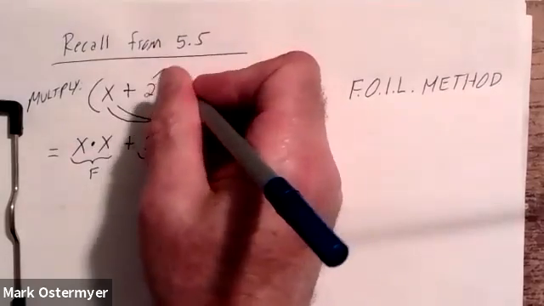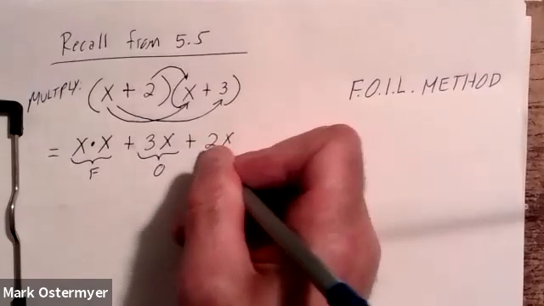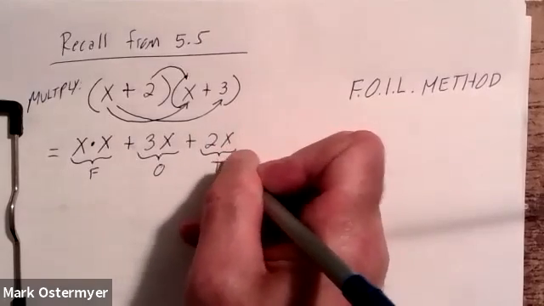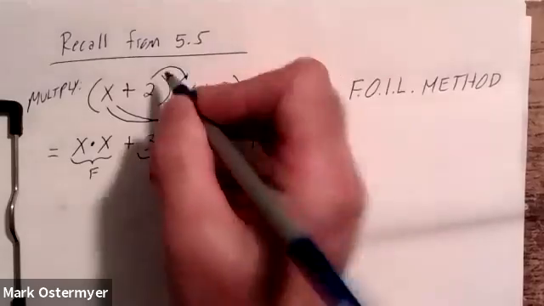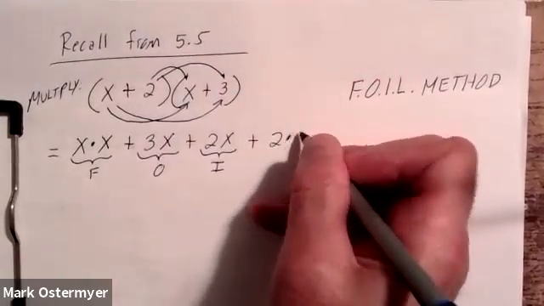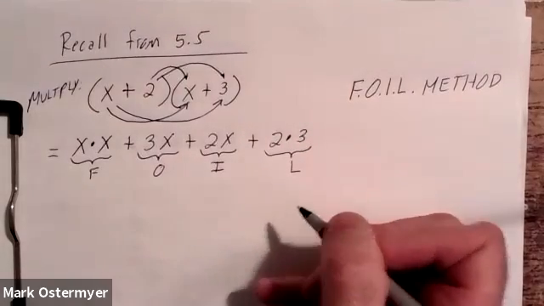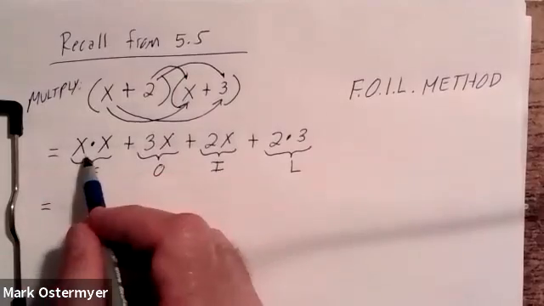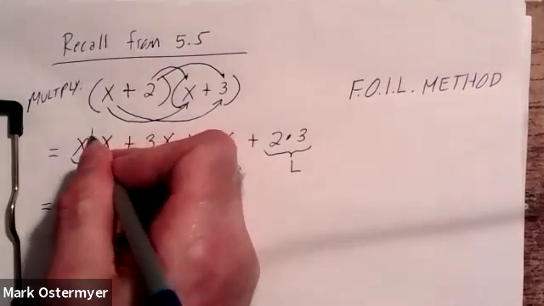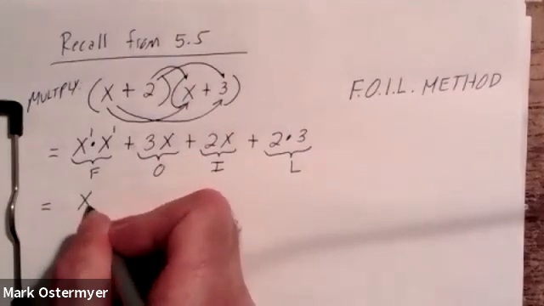Then we multiply our inner terms together. And then we multiply our last terms together. And we get this word FOIL here. x times x is x to the first power times x to the first power, x to the 1 plus 1 power, or x to the second power.